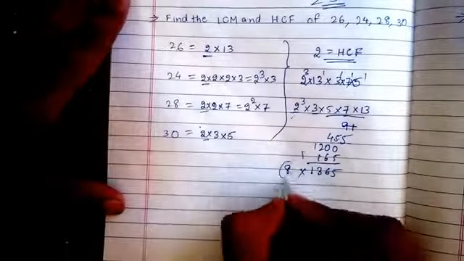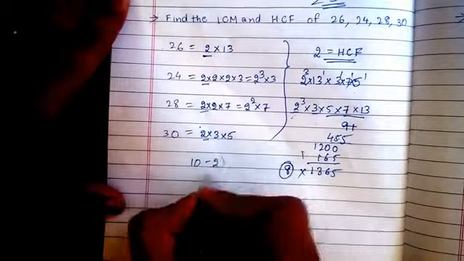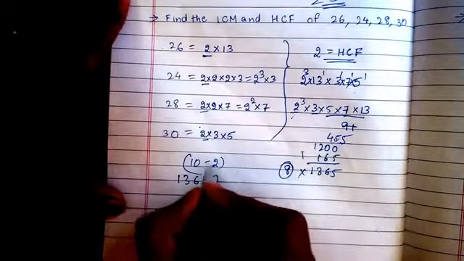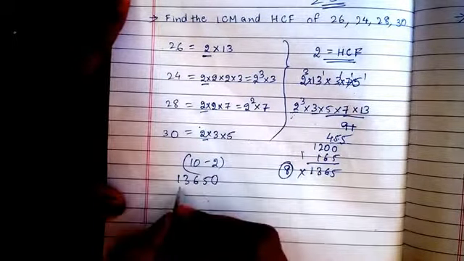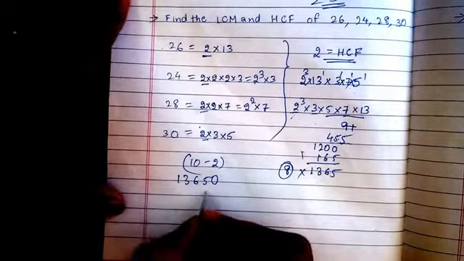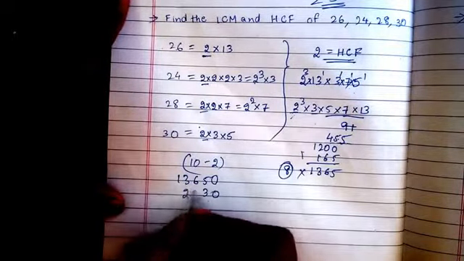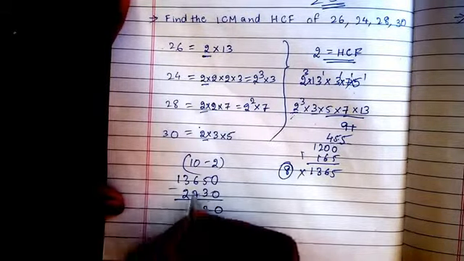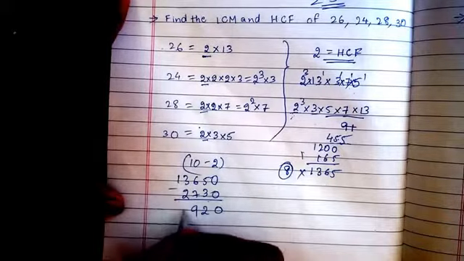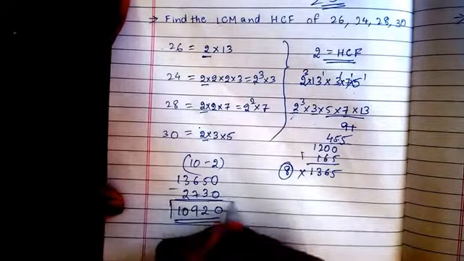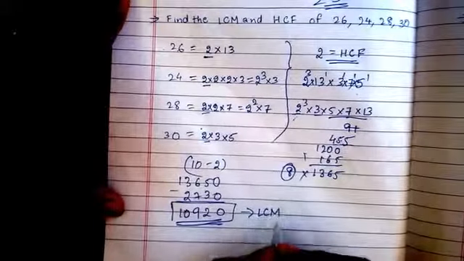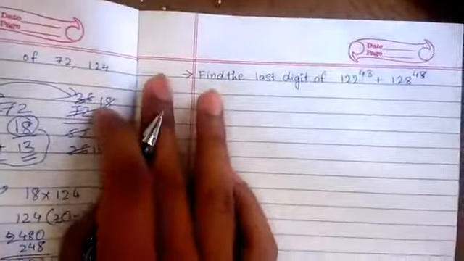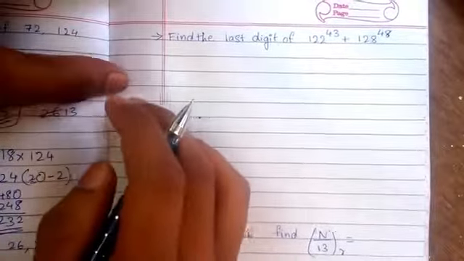So 1365 multiplied by 8, I can take it as 10 minus 2. 1365 into 10 is 13650, and 1365 into 2 is 2730. Now the difference is 10920. 10920 is the LCM.